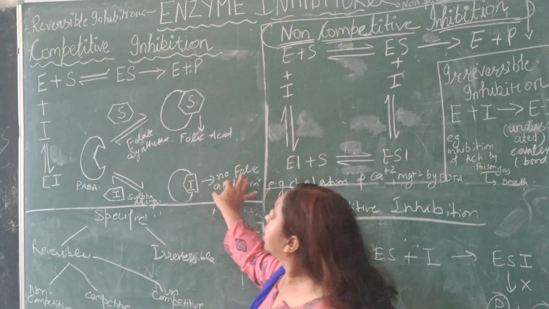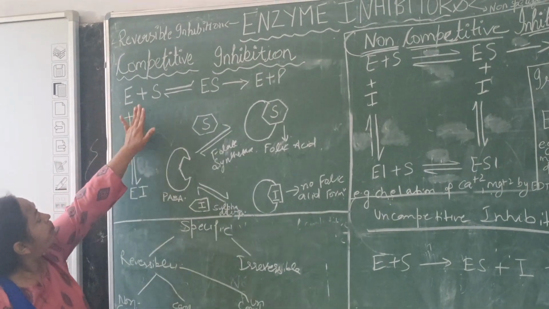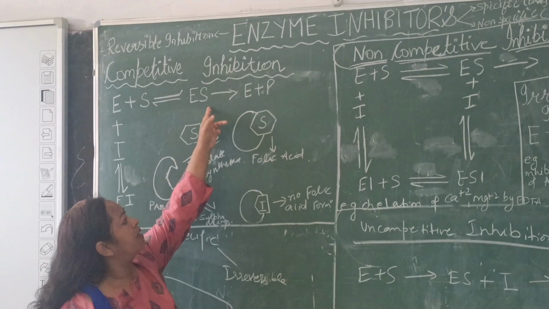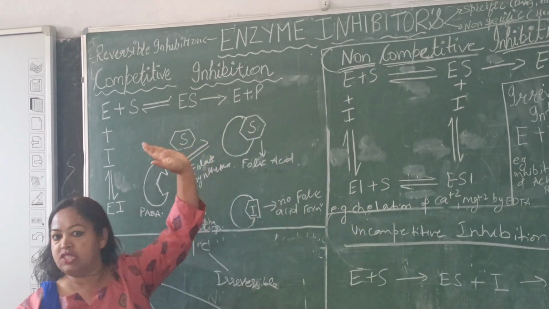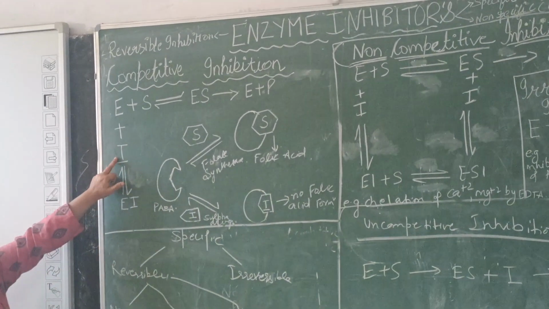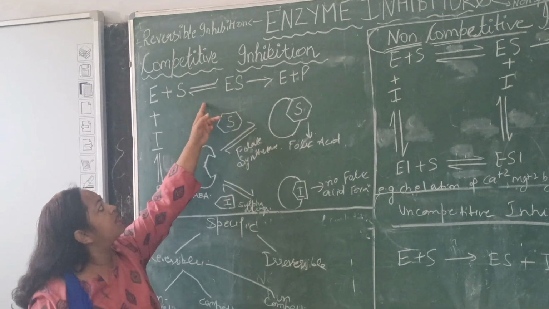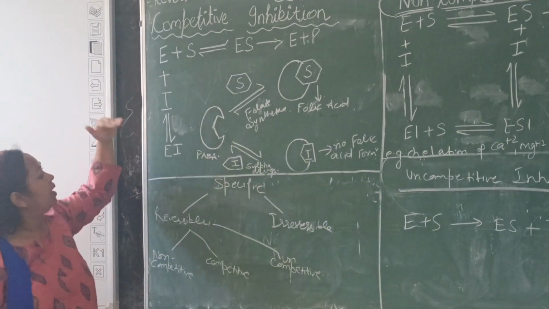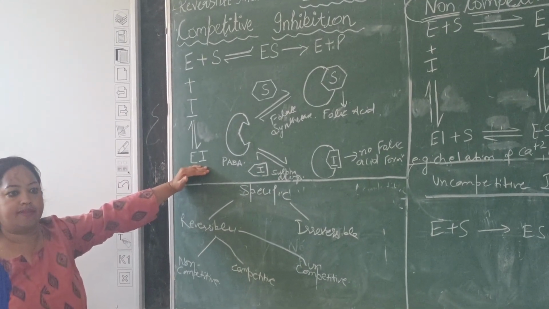We can see from this diagram also, enzyme plus substrate, when both of them react, form an enzyme substrate complex, product is formed, and enzyme is released free. But when the inhibitor comes, because it has a similar shape to the substrate, it also competes and reacts with the enzyme and forms an enzyme inhibitor complex.